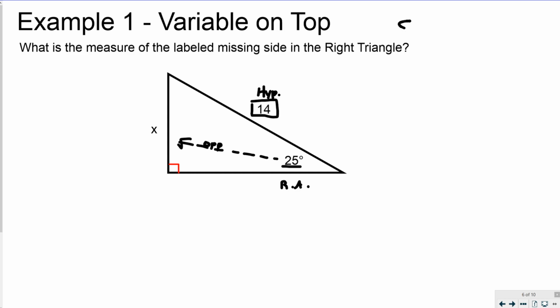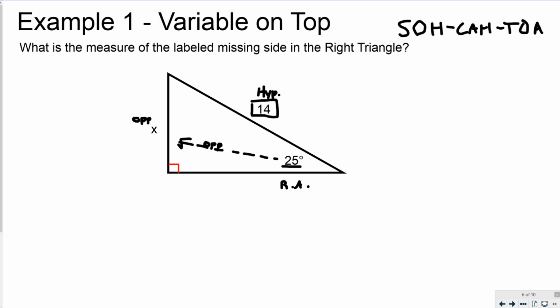So if I write out SOHCAHTOA, the ratio that involves O for opposite and H for hypotenuse is SO.